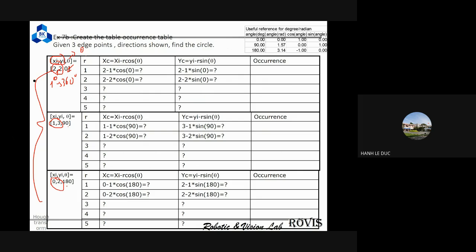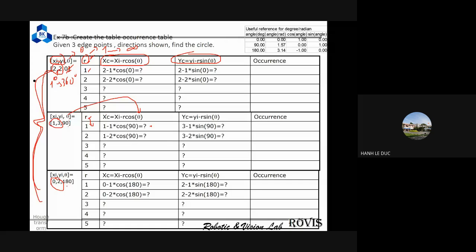And about the R value, the radius, we also have to vary it from 1 to infinity, right? But in this case, I know that you just do R from 1 to 5, which is enough.